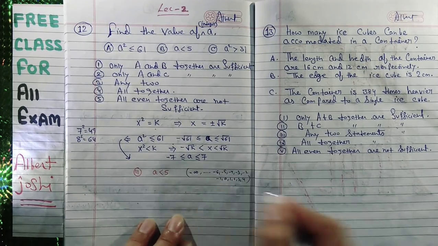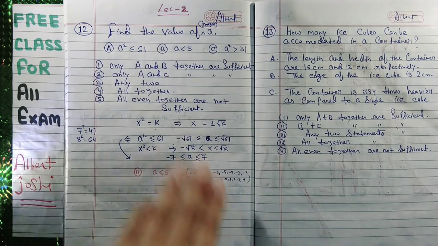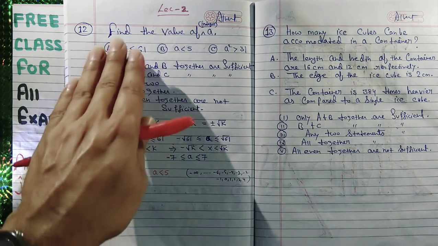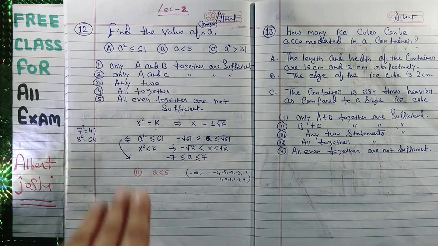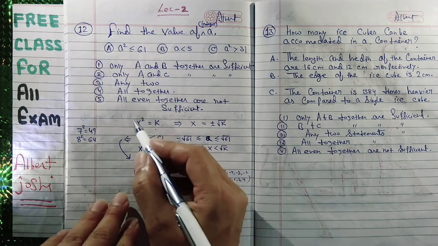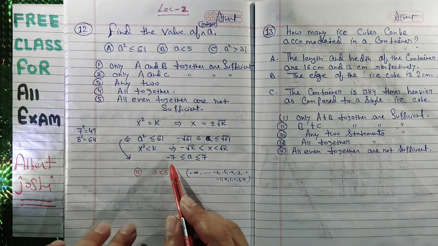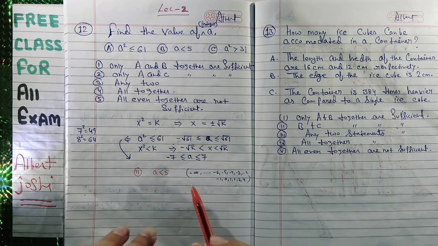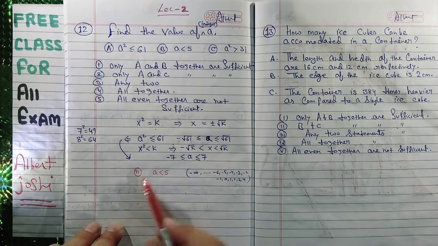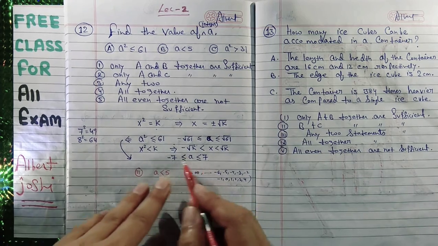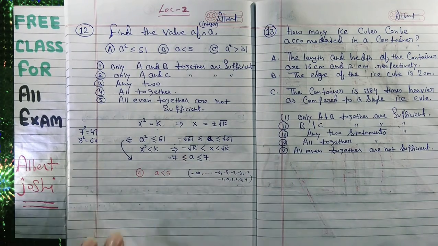He is asking to find the value of a. So with the help of the first statement we have got that a belongs to minus 7 to 7, and since it is less than or equal to, a can be 7. The second one is a is less than 5.